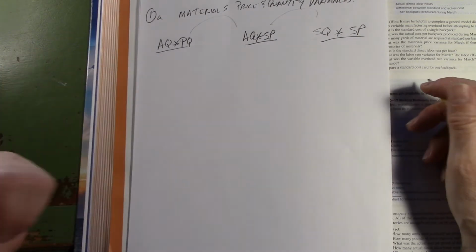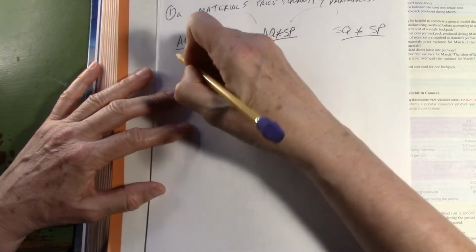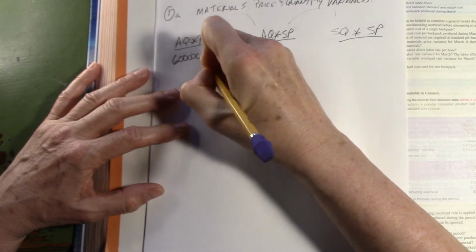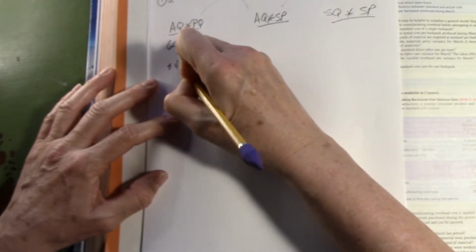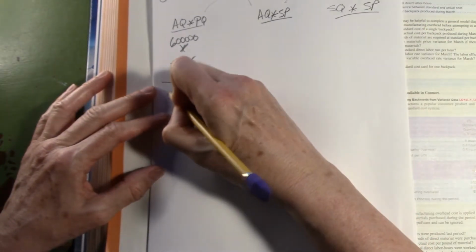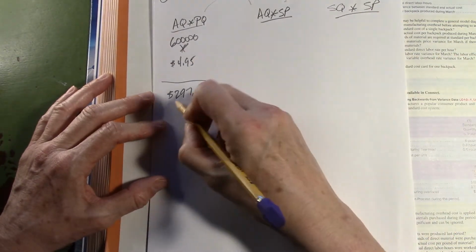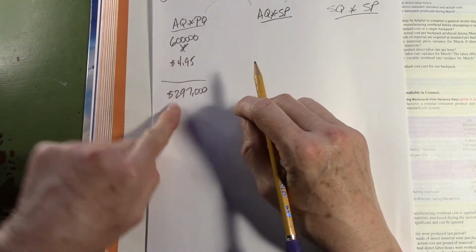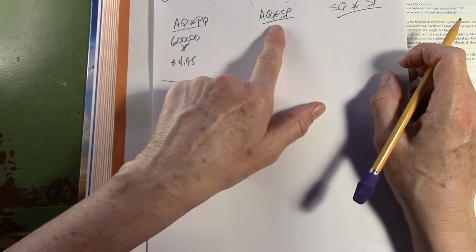Starting out with column 1, the actual: we know that we purchased 60,000 pounds, so there's my actual quantity, and we know we paid $4.95 per pound. That gives me 297,000. So AQ times AP equals 297,000. Now I need to look at my AQ times SP.